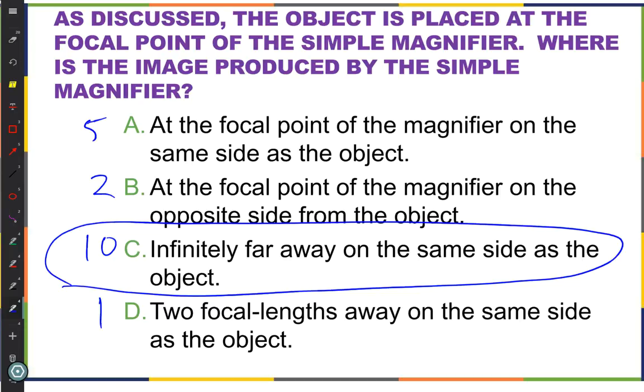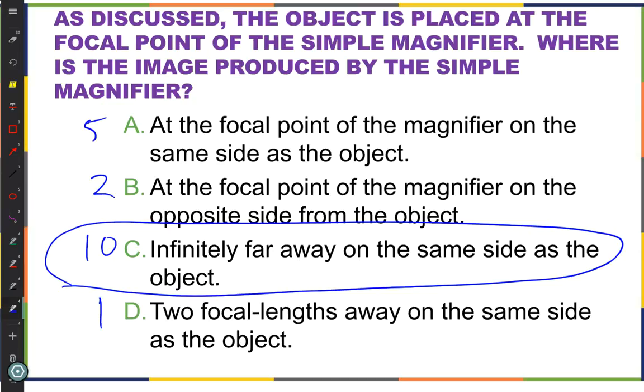Now look at the homework problems. You have problems where it's not placing the object at the focal length of the simple magnifier. Remember, the eyepiece of a microscope or the telescope we're going to cover next is a simple magnifier. That's all it's doing, is a simple magnifier job.